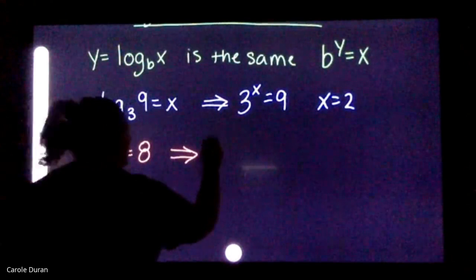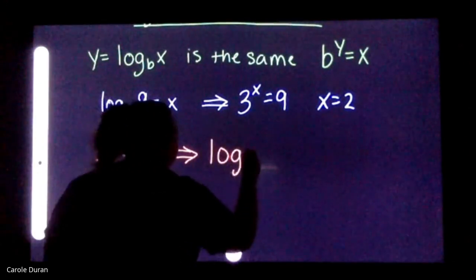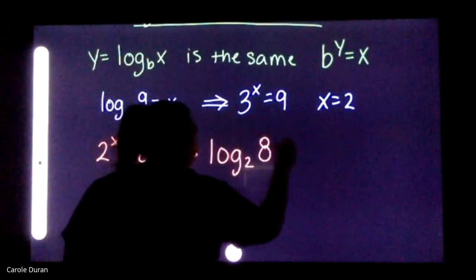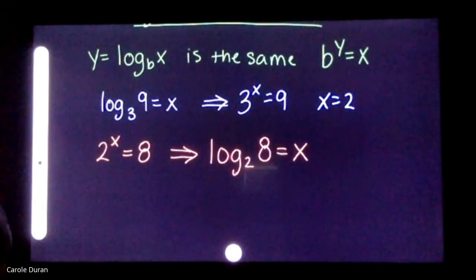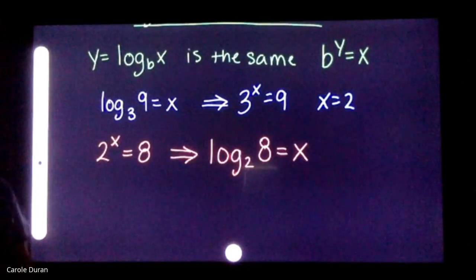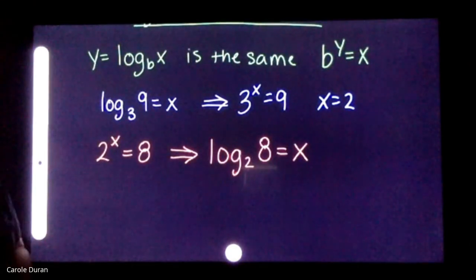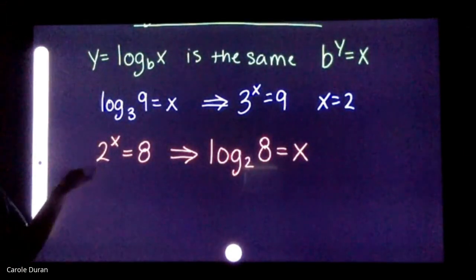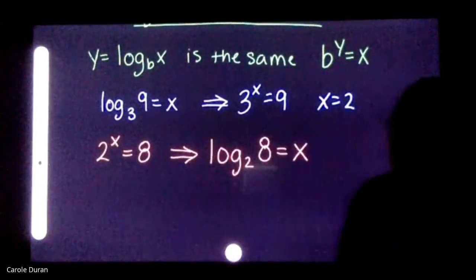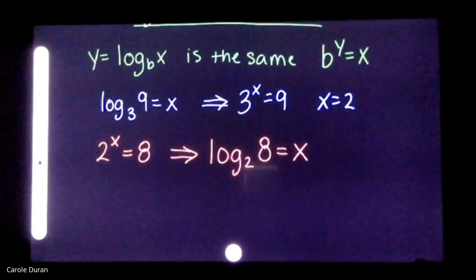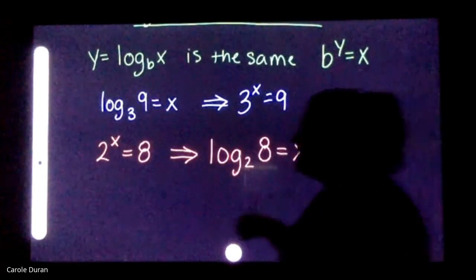So if I rewrite it, I get log base 2 of 8 equals x. We could use a calculator here, or we could just use our common sense. If I multiply 2 by itself to get to 8, how many times do I have to multiply it? 3. 2 cubed is 8.